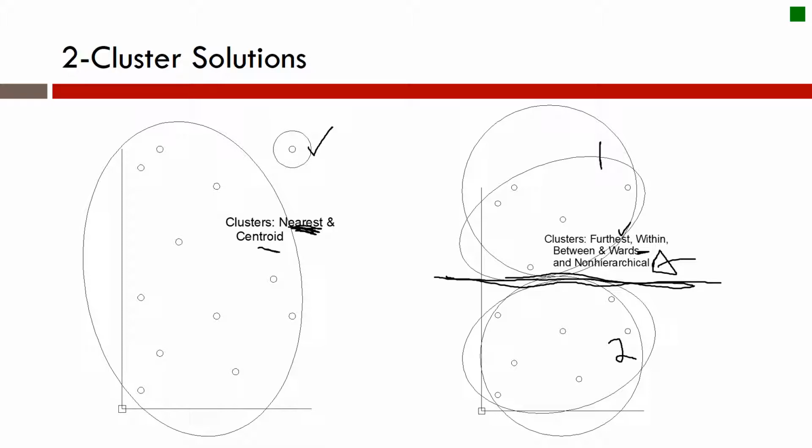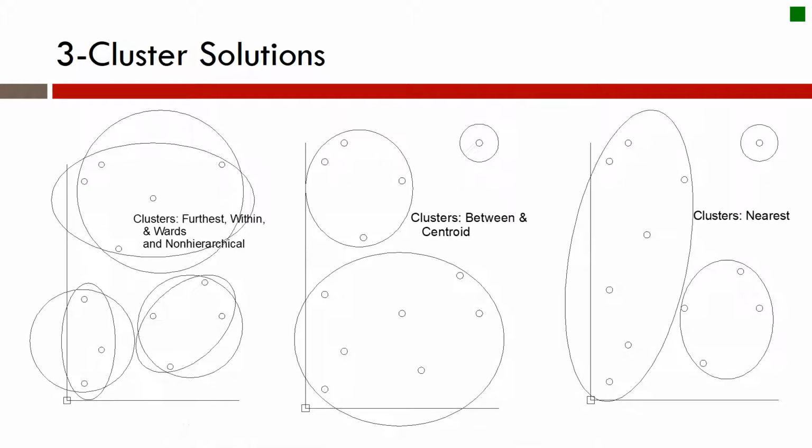So here's a case where the method that we used had a huge impact on the actual clusters that were formed and whether they would be useful to us or not. So again, try several methods.